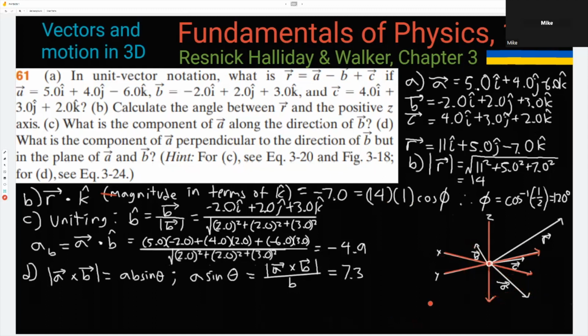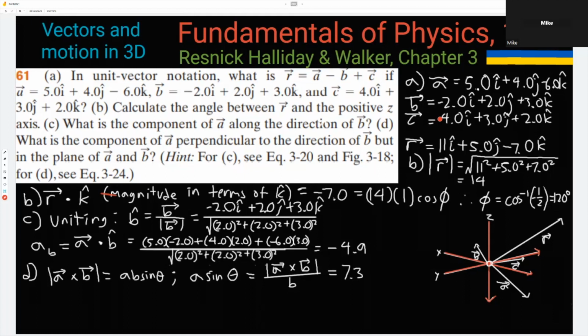So pag cosine, yun yung teka, may tanong lang ako. Yung sa direction of B. Perpendicular to B, ano?